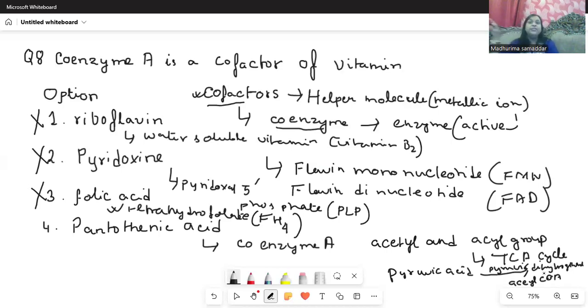That happens in cellular respiration, isn't it? So basically I am showing this to tell about the cofactor that is formed from pantothenic acid.